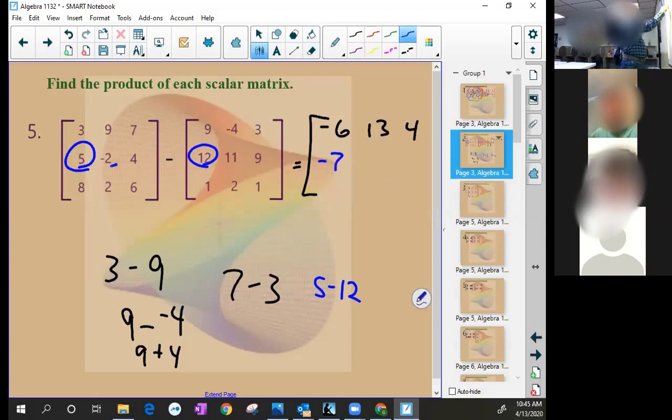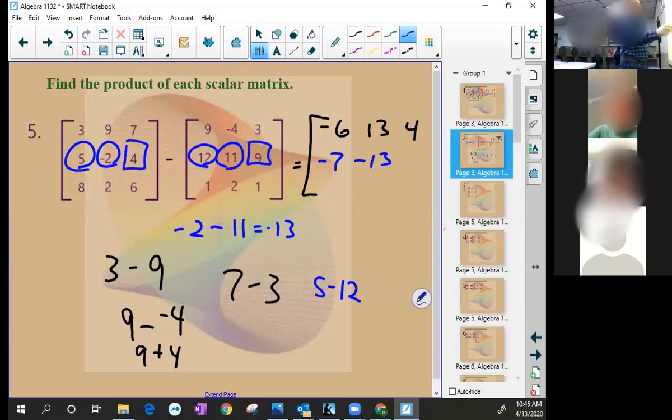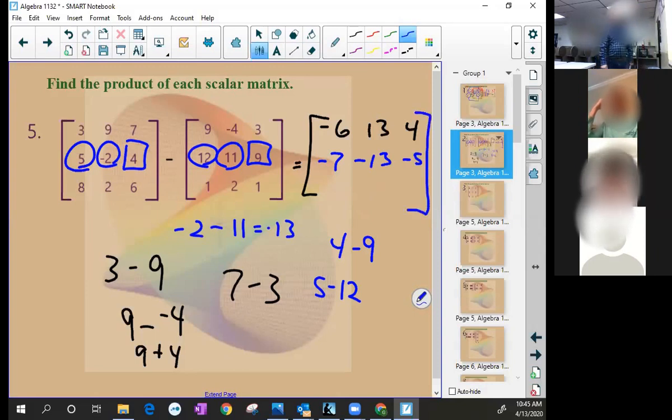Now I'm going to do negative 2 minus 11, which makes negative 13. And then lastly, I'm going to do 4 minus 9. 4 minus 9 is a negative 5.